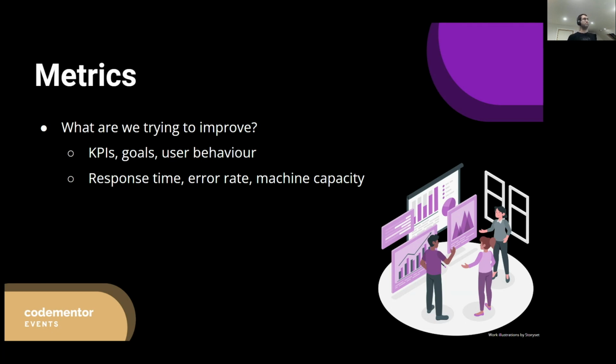Sometimes we may not even be trying to improve something. We just want to ship a different experience, do a new branding, but even so, we want to understand what the guardrails are. We want to understand what we don't want to break.